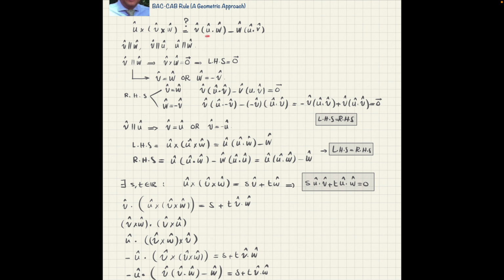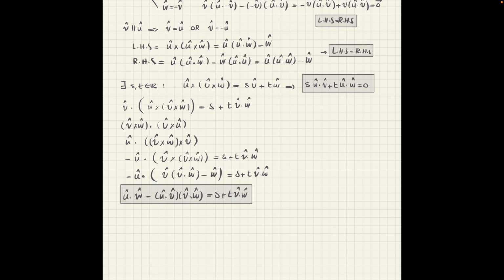Either this one should not be 0 or that one. For simplicity and definiteness of discussion, let me assume that U dot V is not 0. Why is that important?